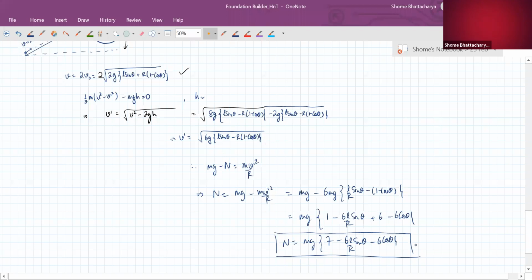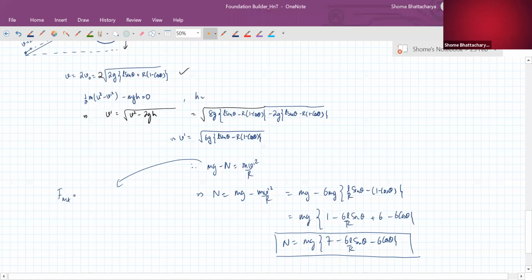I think the question is asked for the net force, is it? Or has it asked for normal reaction? So I think it's asked for net force, that is m v prime square by R only. So what the question is asking is not normal reaction, it's asking for the net force.